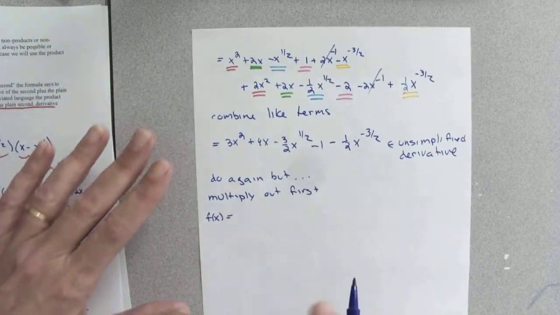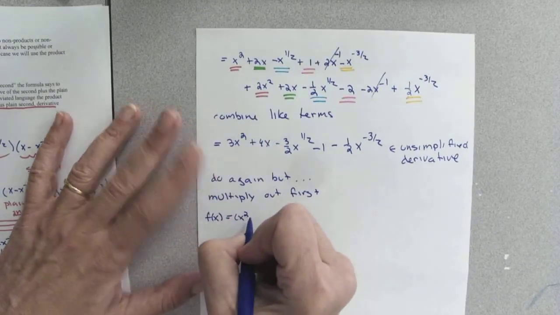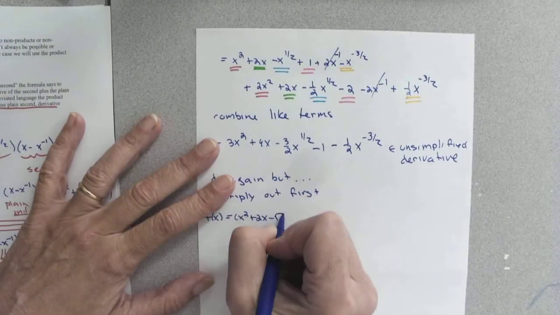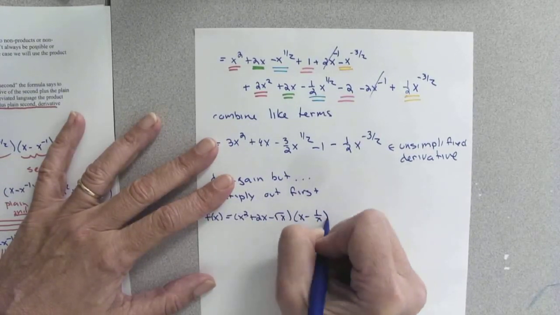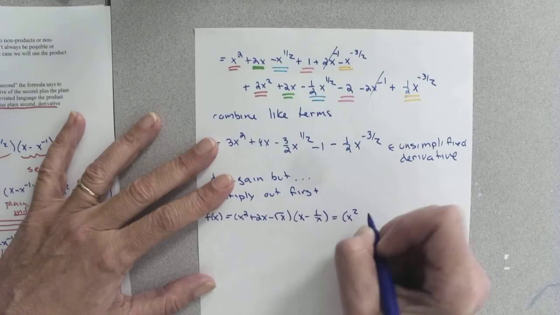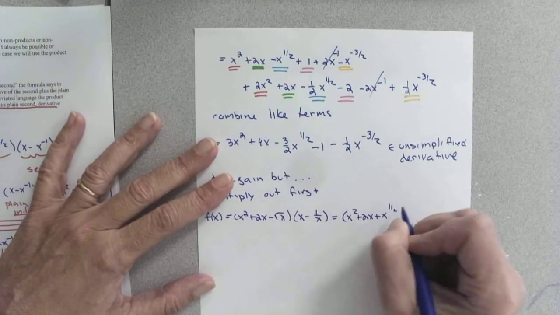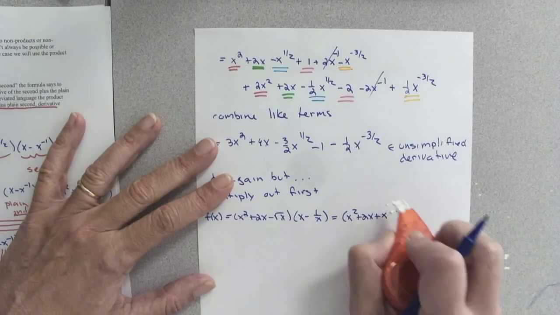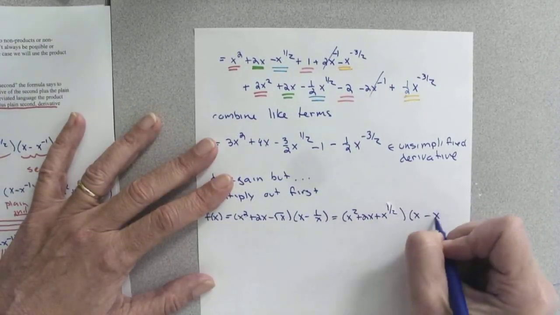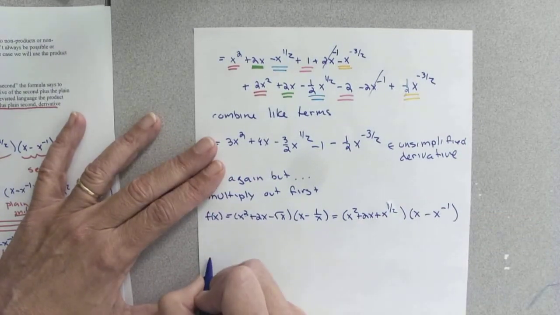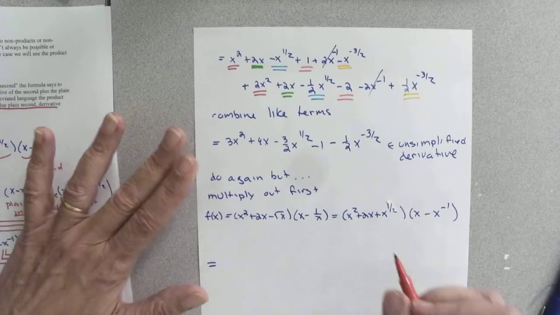So the original problem way back when was x squared plus 2x minus the square root of x times x minus 1 over x. And we are still going to rewrite that as x squared plus 2x plus x to the 1/2 times x to the negative 1. And then we are going to carefully multiply that out first.